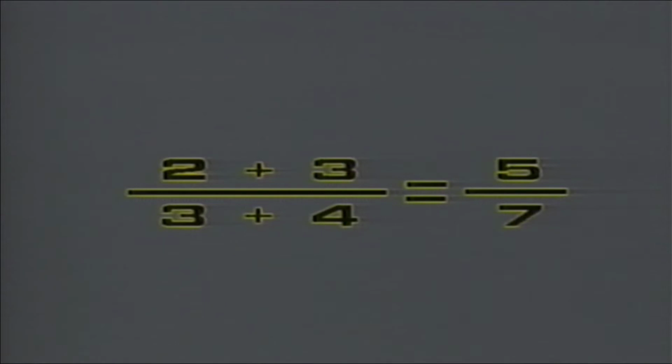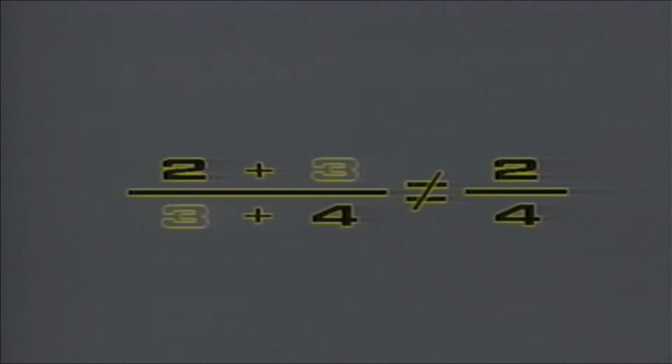Yes, but we should be very careful. Look at 2 plus 3 over 3 plus 4. This fraction has no common factor. It equals 5 over 7, a fraction in lowest terms. If someone removes the number 3 from the numerator and denominator, he has not done a proper fraction reduction.